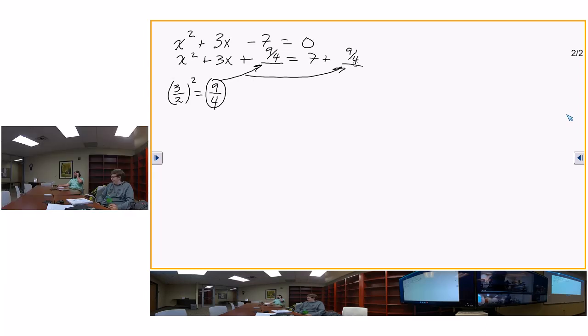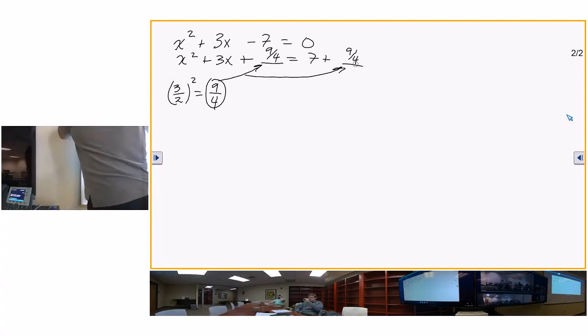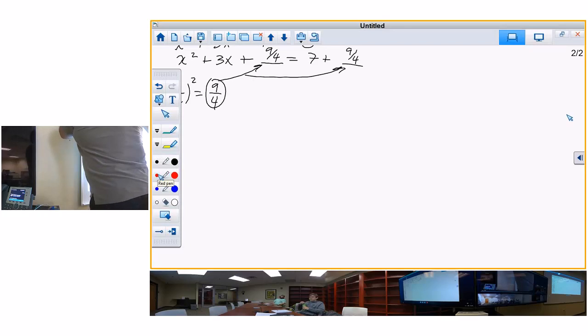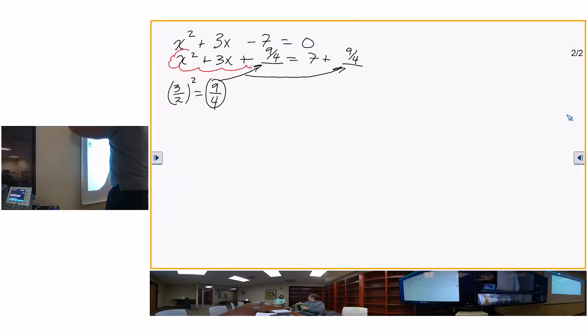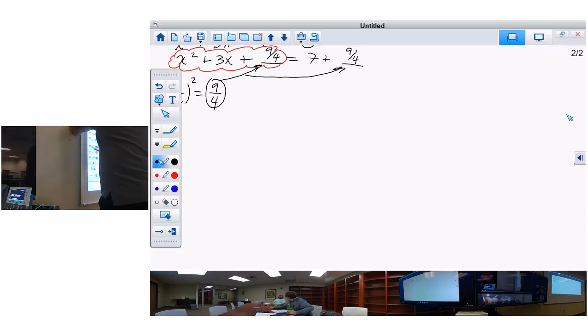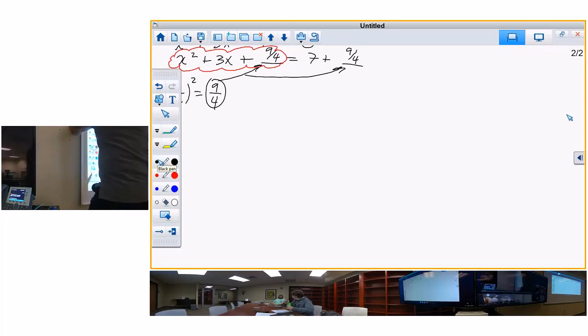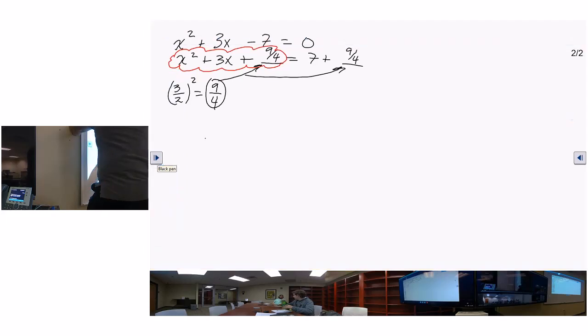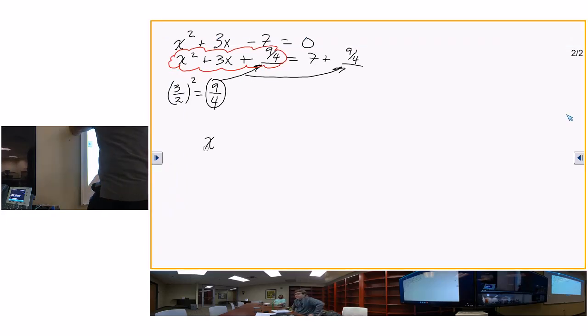All right, so we got shortcut number what? Shortcut number 1 right here. Now here we're gonna do some of that awesome math again. Let's see, the square root of x squared is x, and the square root of 9/4 is 3/2. There it is again. Wow.